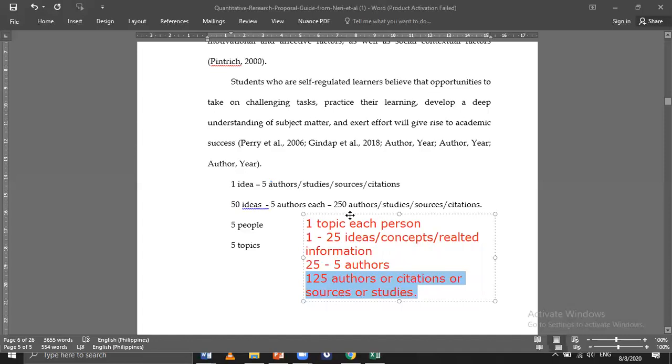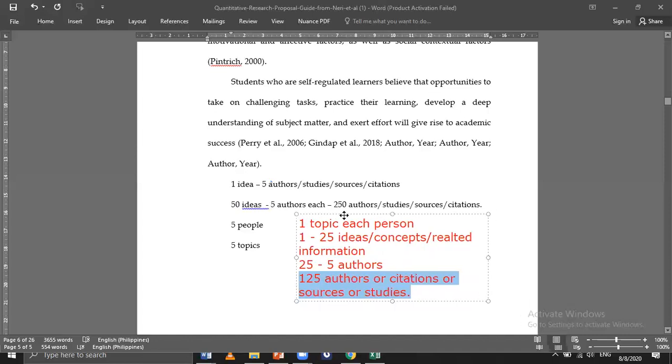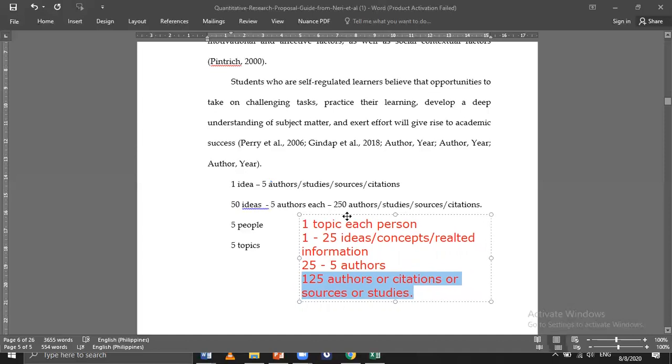So this is our calculation. This is a 5-member group type of research, for example, and you have 5 topics. You assign 1 person each to look for academic performance, mathematics performance, self-regulated learning, planning, evaluation, and monitoring. So in 1 person, we'll have 1 topic.